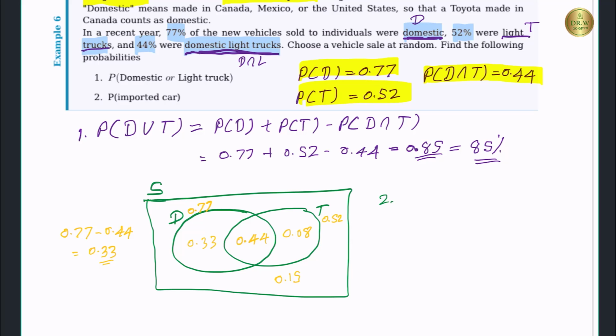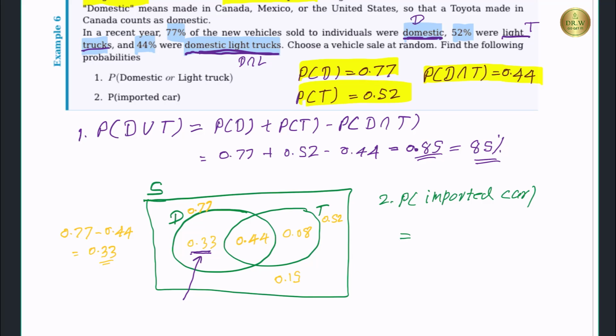Second one. What is the second one? Ask in the imported car. Probability of imported cars. Okay, how do we identify this? Now let me explain this Venn diagram. Point 33. Okay, what is this point 33? This point 33 is in the D. What does D mean?